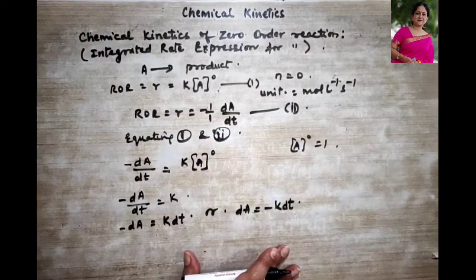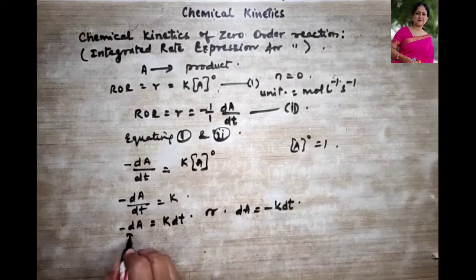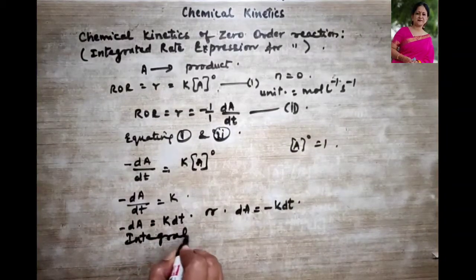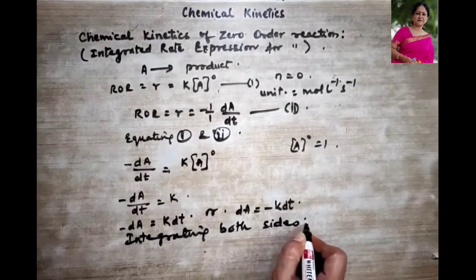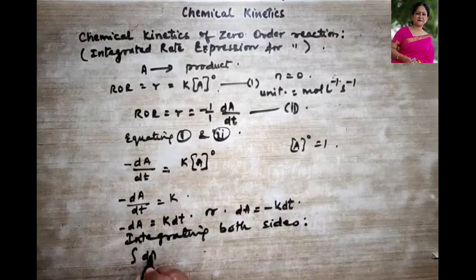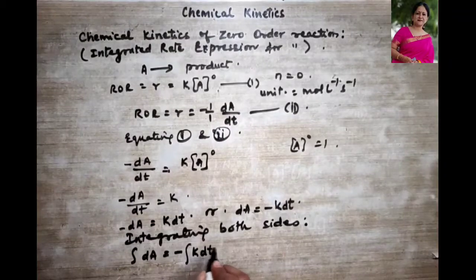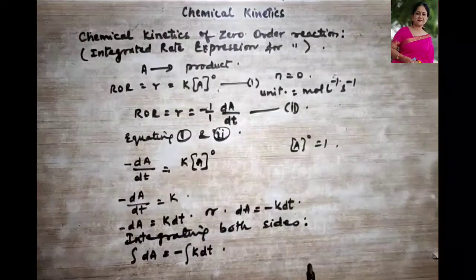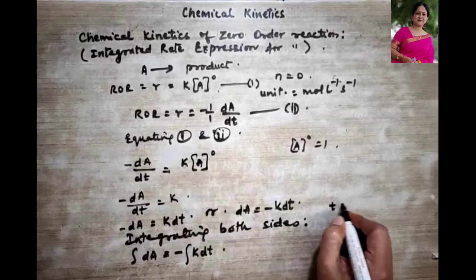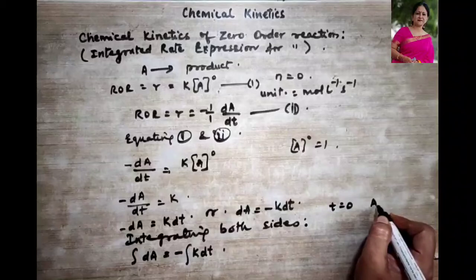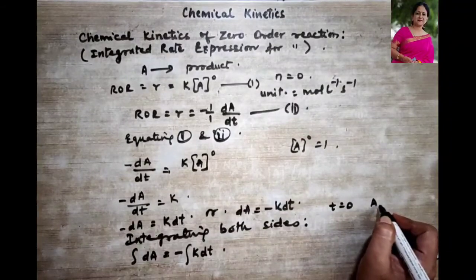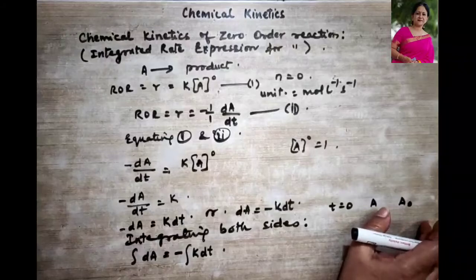Now we integrate both the sides. Integrating both sides, what do we get? Integral of dA is equal to minus integral of k dt, right? Now suppose if you take time is equal to 0, then the concentration of your reactant A initially is A0, right?